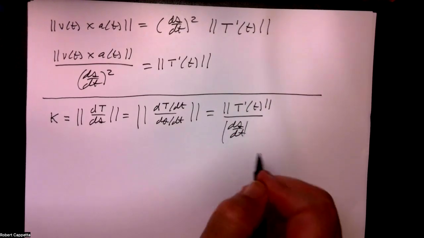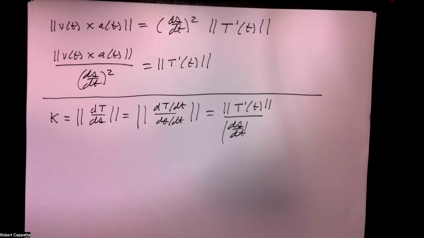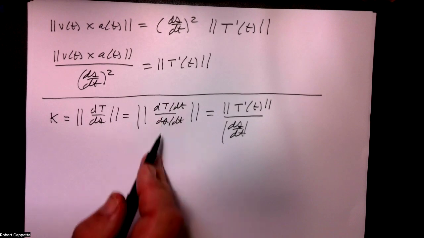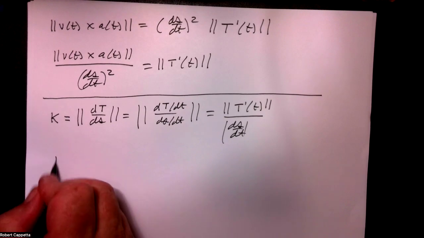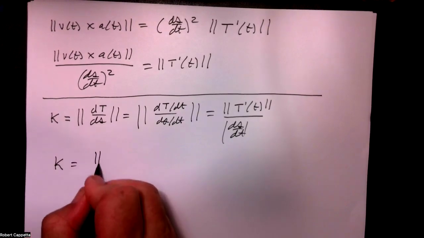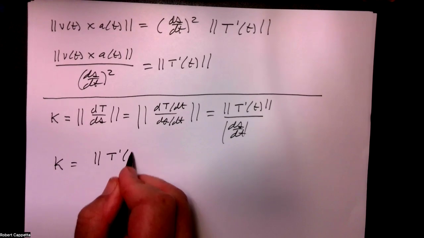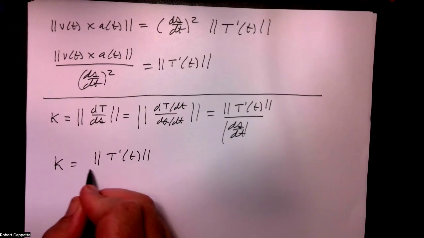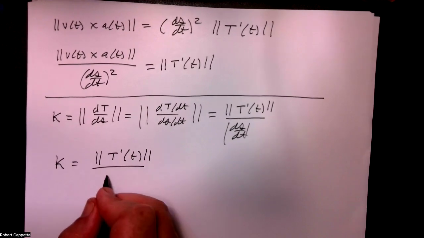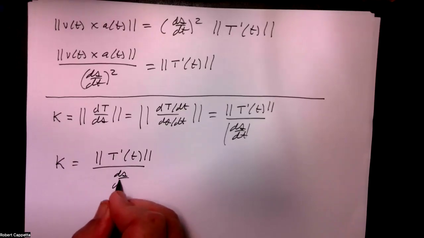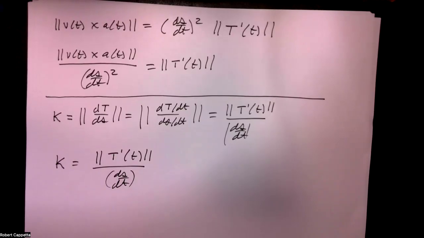Or put an absolute value on there if you want, but typically we think of it as positive. So if that's the case, then can you see all we have to do here? We're going to stick with this formula. Curvature is the magnitude of T prime of t divided by ds/dt. We're going to assume it's positive as we're moving through there.